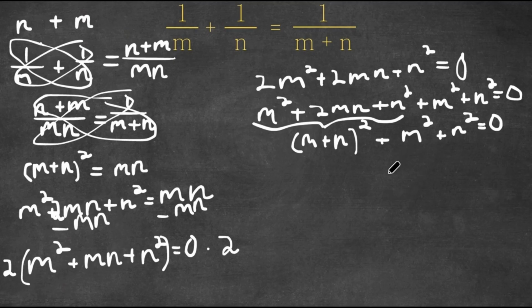So now, if we set m equal to 0 and n equal to 0, then this also means that m plus n would be equal to 0, and that means that all of these combined would also equal 0.